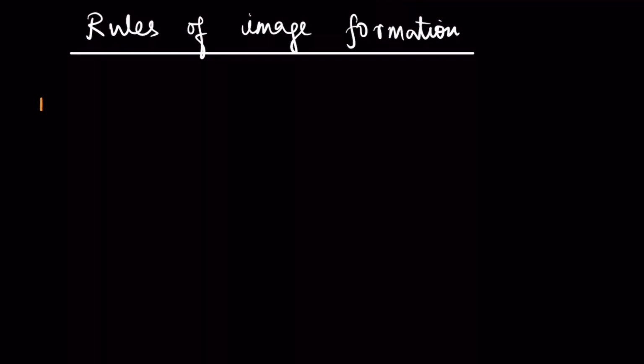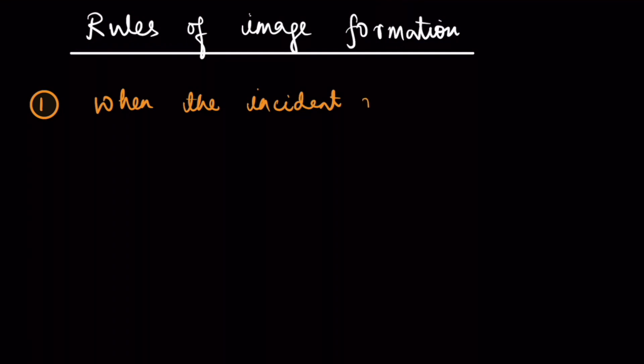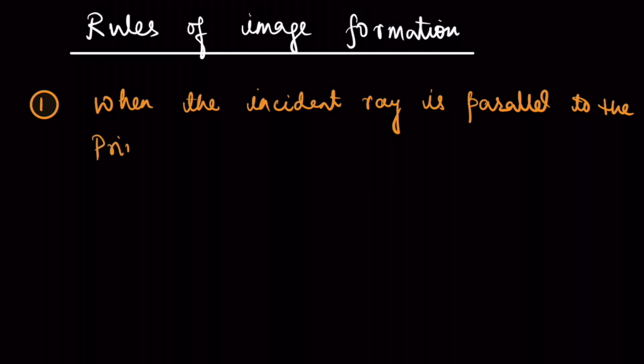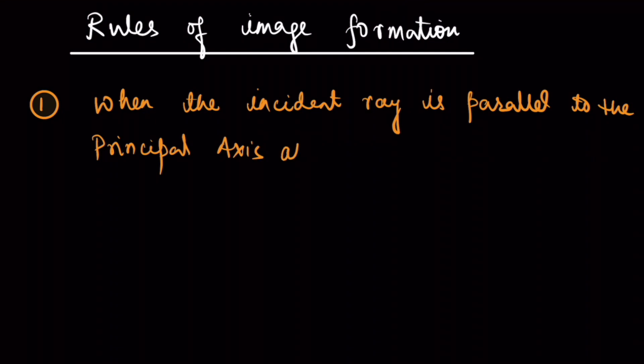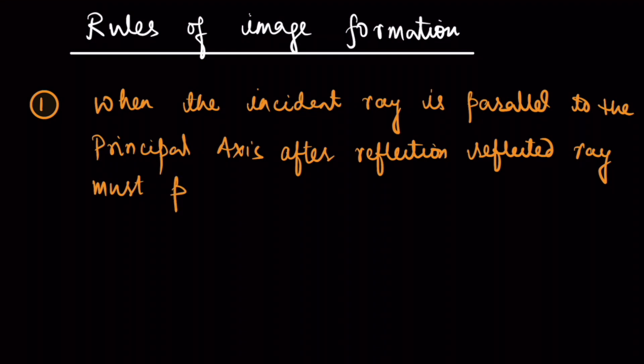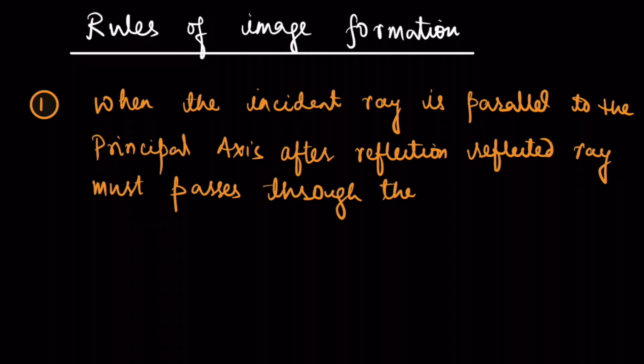So rule number 1: when the incident ray is parallel to the principal axis, after reflection, the reflected ray must pass through the principal focus.